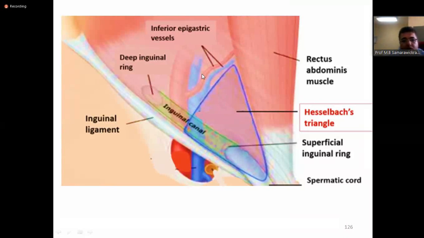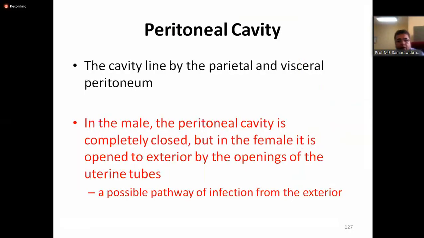Lateral to the inferior epigastric artery, or lateral to the triangle, through the deep inguinal ring, you get the indirect inguinal hernia. So a direct inguinal hernia comes through this Hesselbach's triangle, medial to the inferior epigastric vessels. So by looking at the relationship to the inferior epigastric artery, you can diagnose whether it's a direct or indirect inguinal hernia. Right.